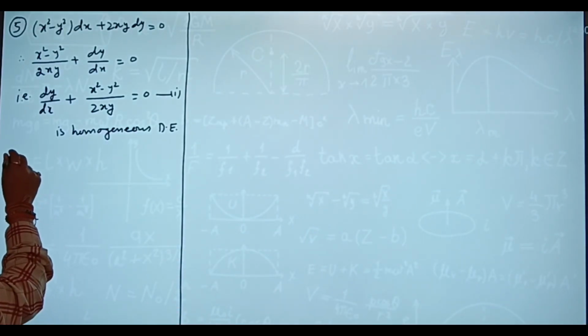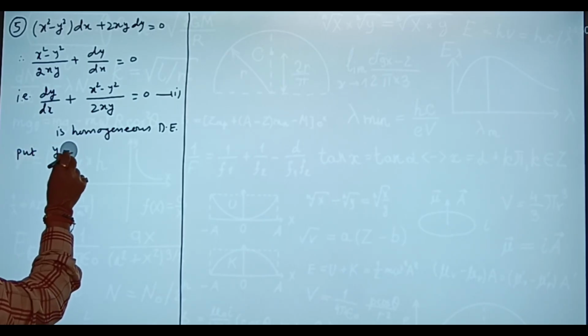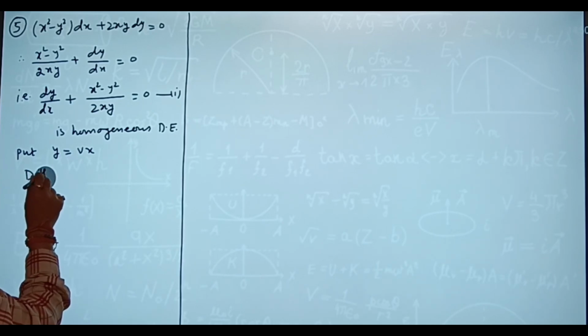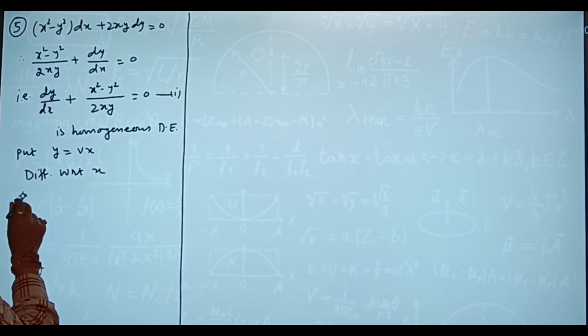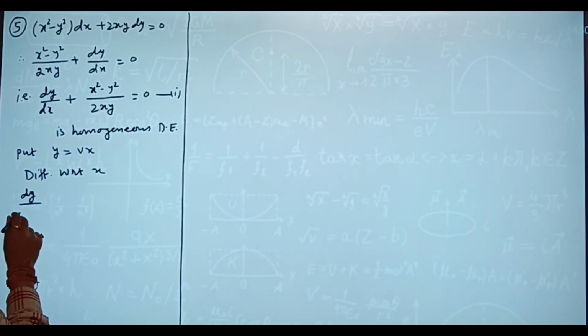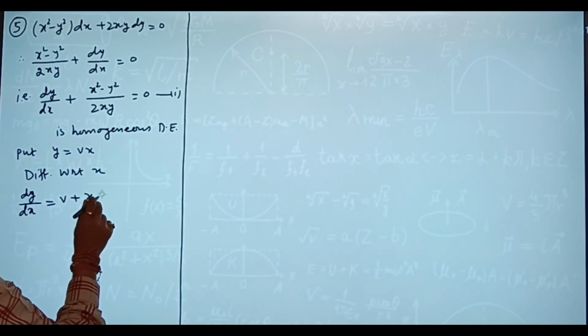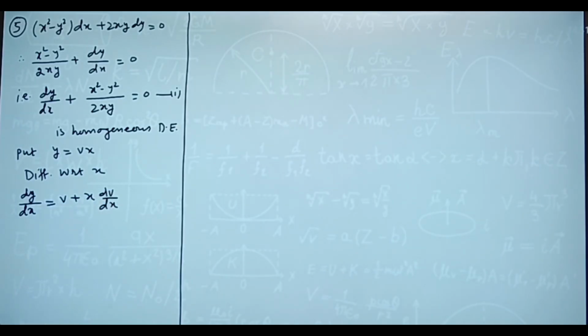So put y is equal to vx. Differentiating with respect to x, v plus x dv by dx.